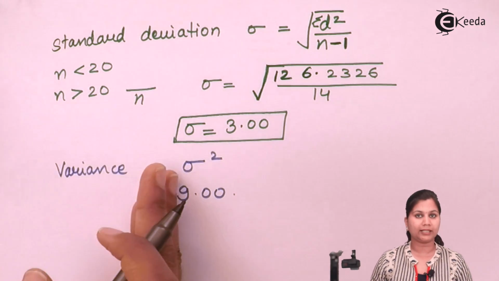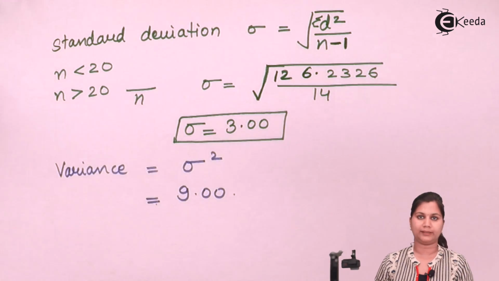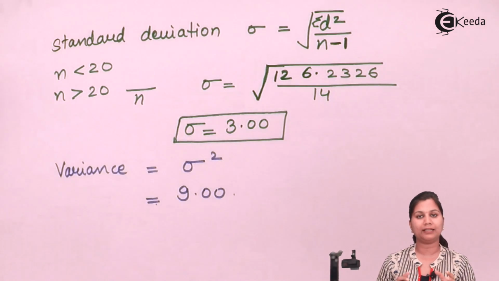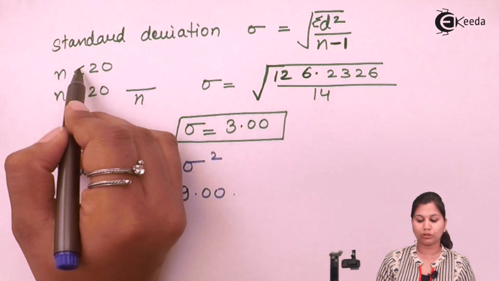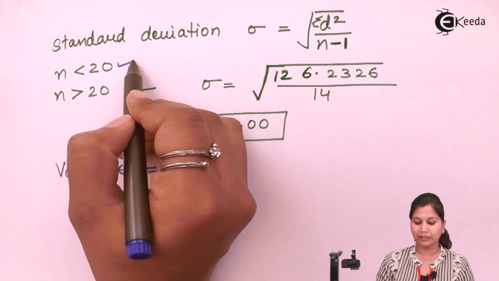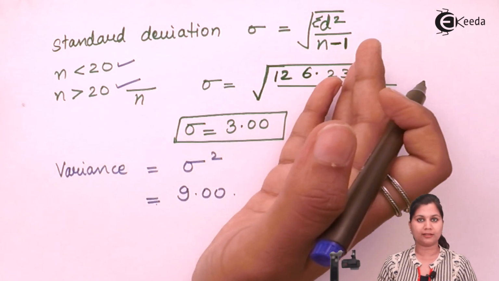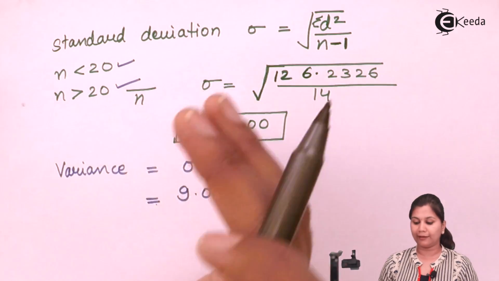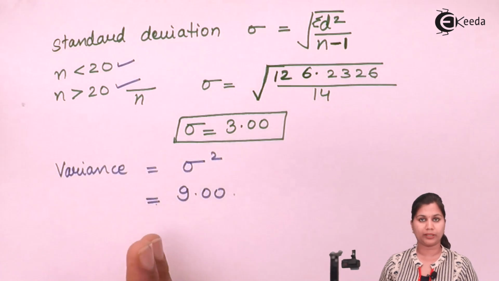Then to calculate standard deviation, first calculate the deviation of each reading from the arithmetic mean. After calculating the deviations, take the square of all the deviations, add them and divide by the total number of readings. Check whether the total number of readings is less than 20 or greater than 20 and make the appropriate changes in the formula. After that, calculate the variance by taking the square of the standard deviation.